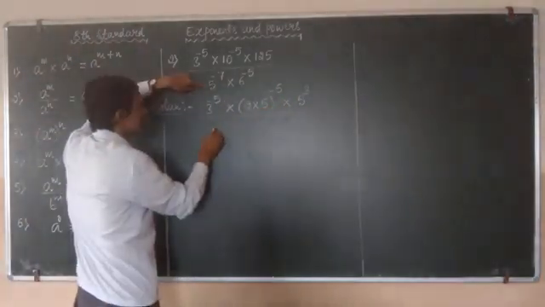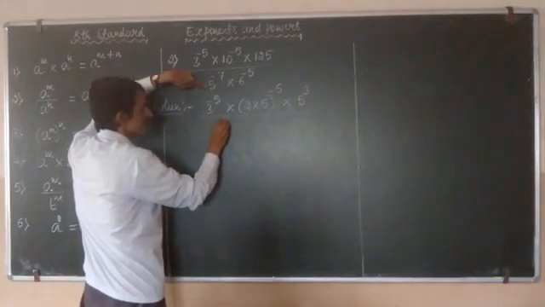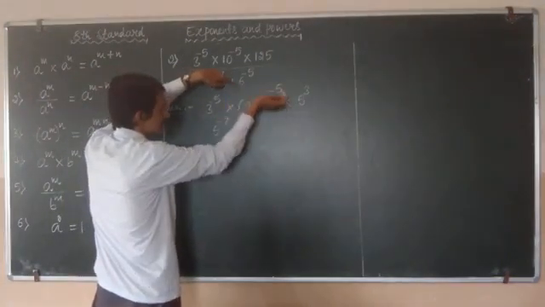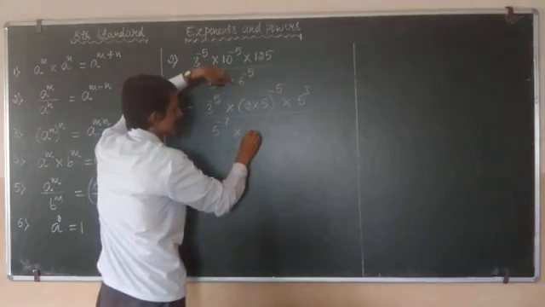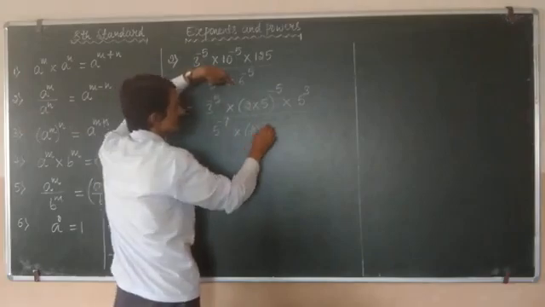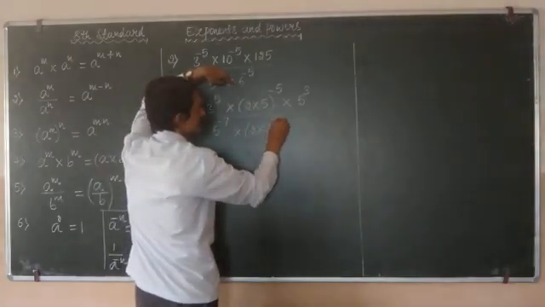Now write 5 to the power of minus 7 as it is, into this 6 can be written as 2 into 3, 6 can be written as 2 into 3 to the power of 5.